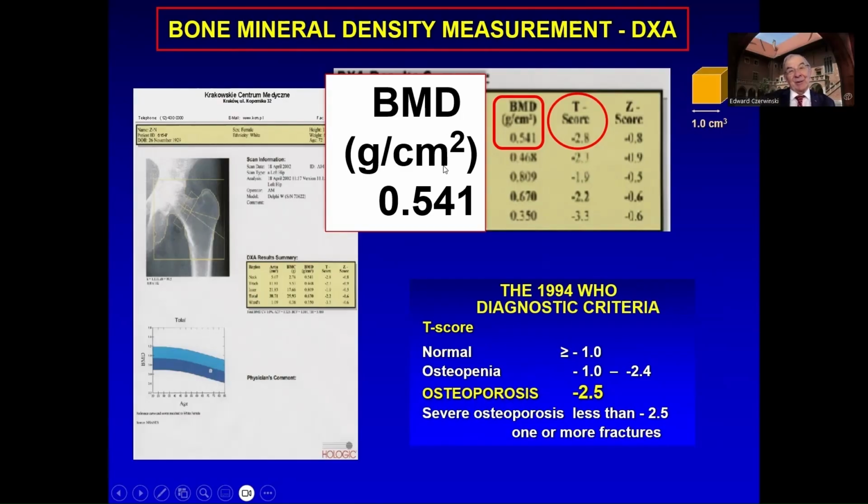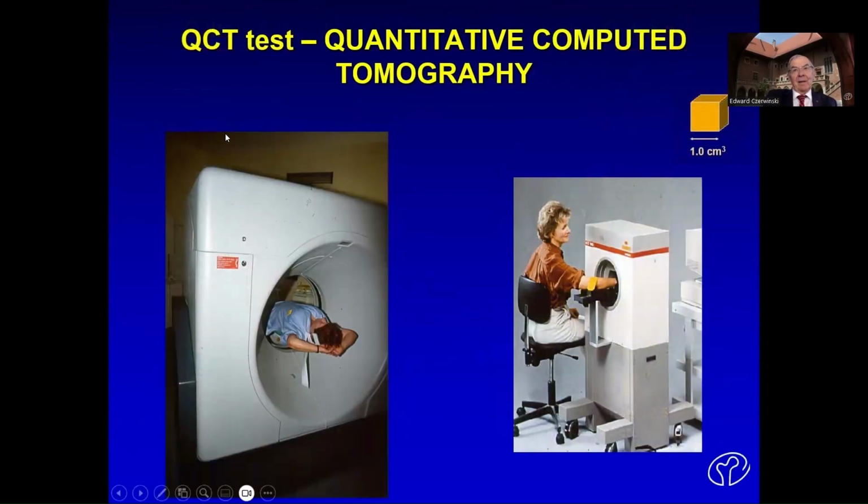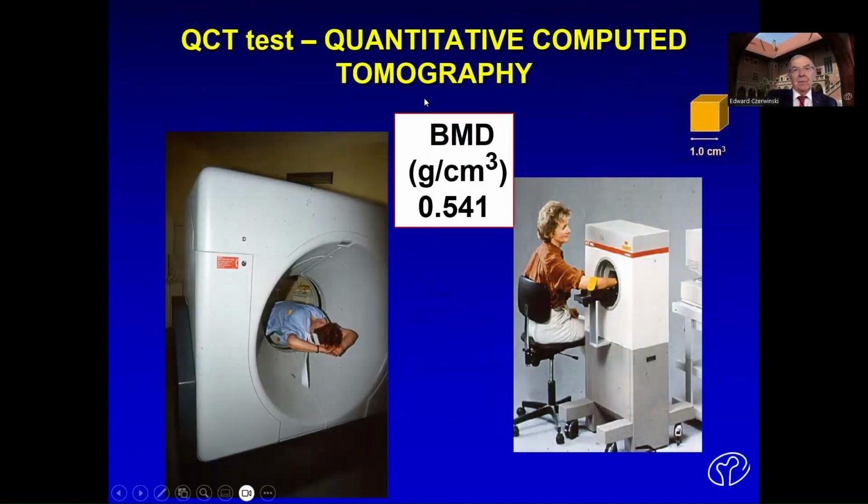It is nonsense from a physical point of view, because in our world every mass has some volume. There is no flat mass without any thickness, so the true density should be given in grams per cubic centimeter, as I told you in the previous lecture.